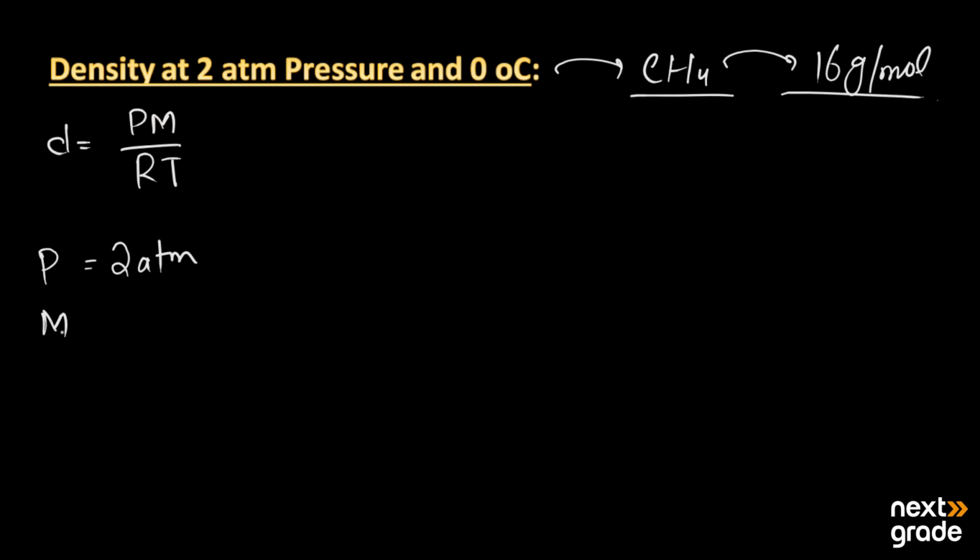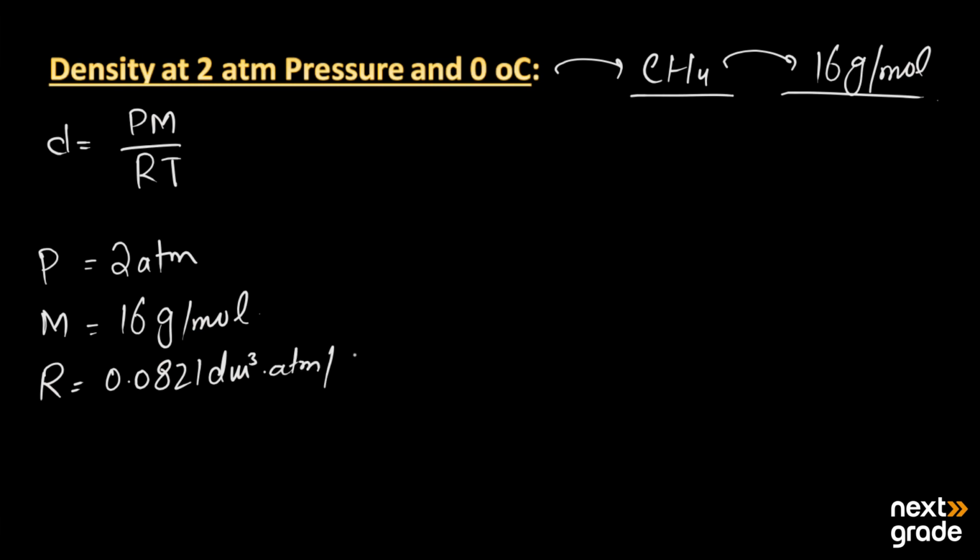The general gas constant R is the same, 0.0821 dm cube atm per Kelvin per mole. The temperature is 0 degrees Celsius, and by adding 273 it is 273 Kelvin.